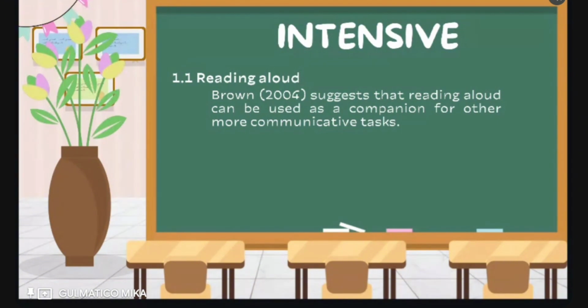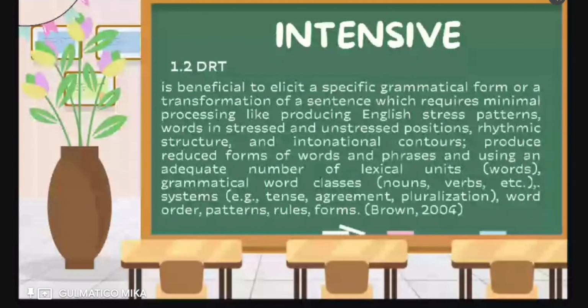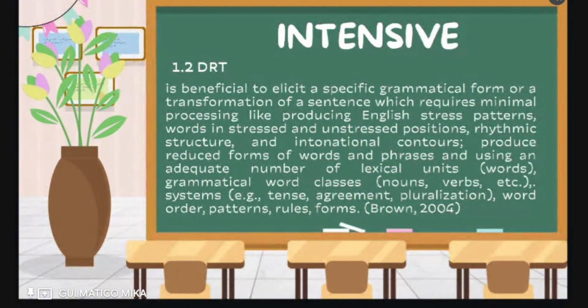The next one is the intensive DRT, which is 1.2. The DRT is beneficial to elicit a specific grammatical form or a transformation of a sentence, which requires minimal processing, like producing English stress patterns, words in stressed and unstressed position, rhythmic structure, and intonational contours.